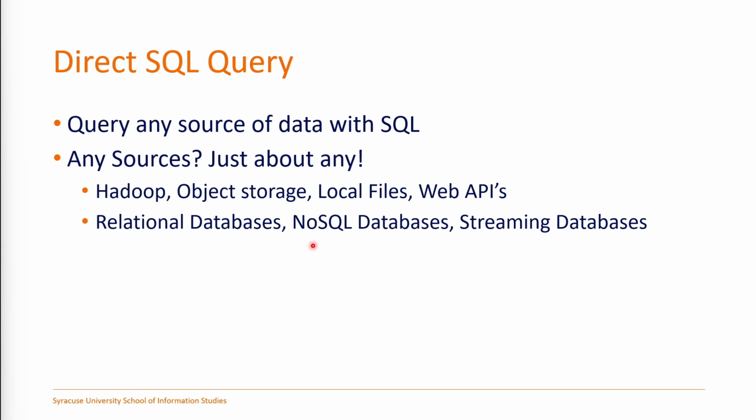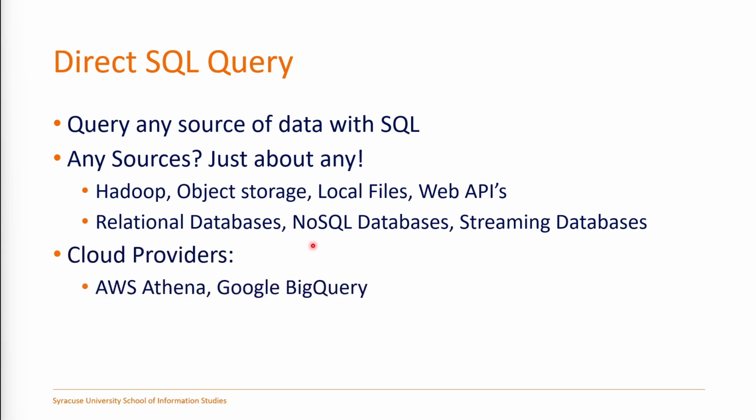And not only that, but we can take, for example, a JSON file, tabularize that, then join it to a relational table, and then join that to maybe data that we pull from a graph database. And so this is the real charm and allure of using these direct SQL query tools.